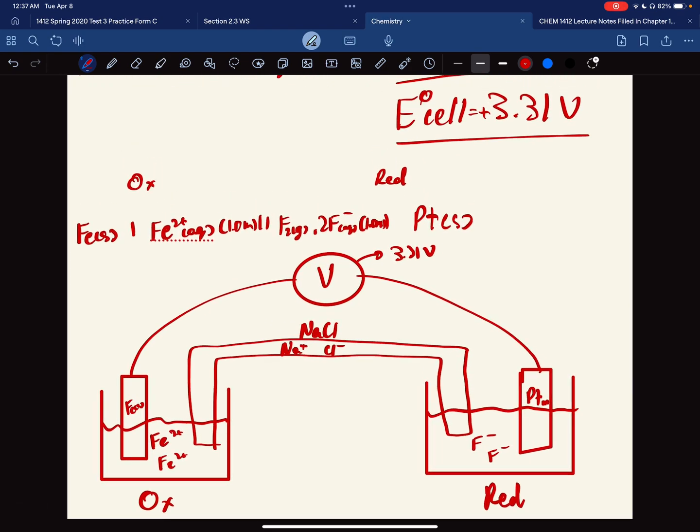So the salt bridge has three uses. First of all, it connects the circuit and allows for electrons to flow. Secondly, it maintains electroneutrality.